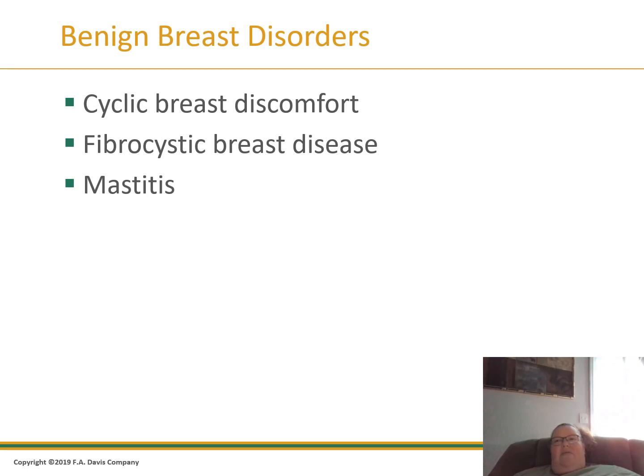Sometimes you have firm areas of the breast depending on the date of your cycle. Fibrocystic breast disease means they're the cysts that people will take out during mastectomies, but they're benign. Some women have them more than others. And of course, mastitis is an infection of the breast tissue.